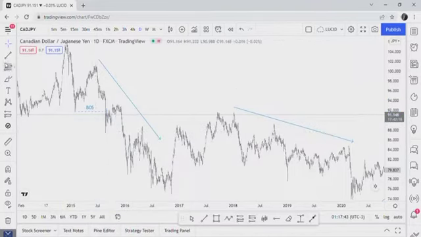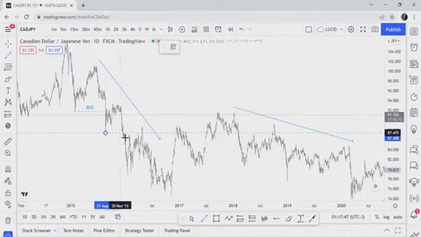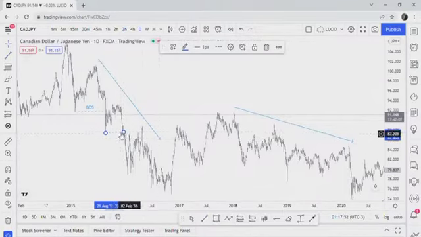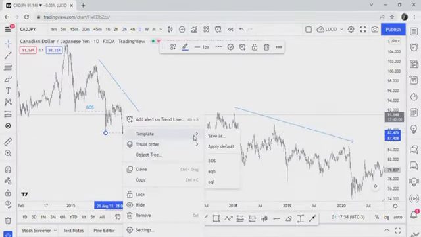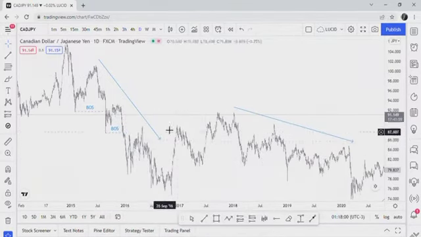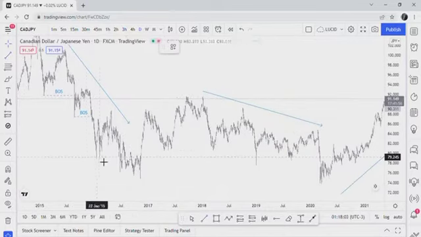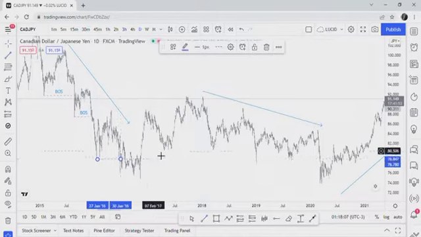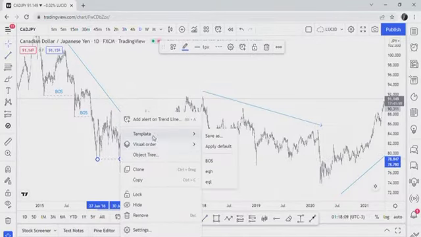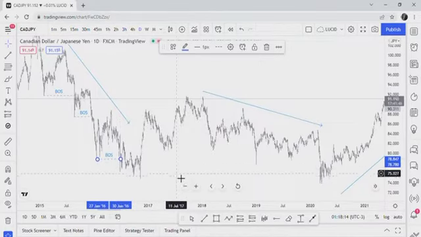Break of structure to the downside, break of structure, break of structure, break of structure to the downside, break of structure to the downside.